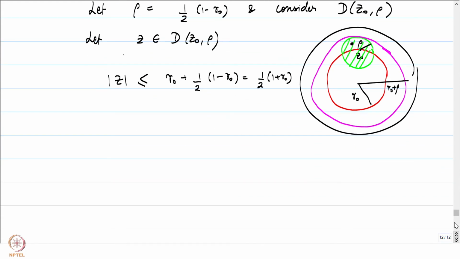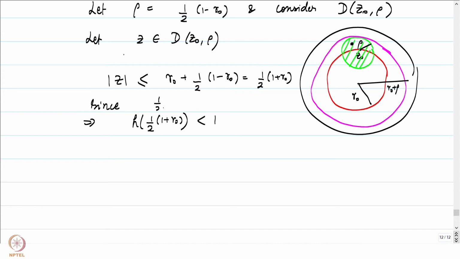So in particular, 1 plus r naught by 2 is greater than r naught, and this tells us that h of half of 1 plus r naught is less than 1. That's precisely what our r naught was picked to be. Why is this the case?